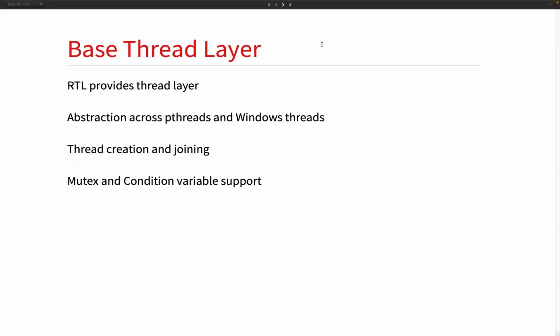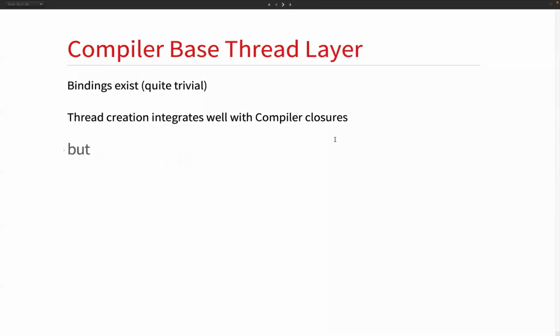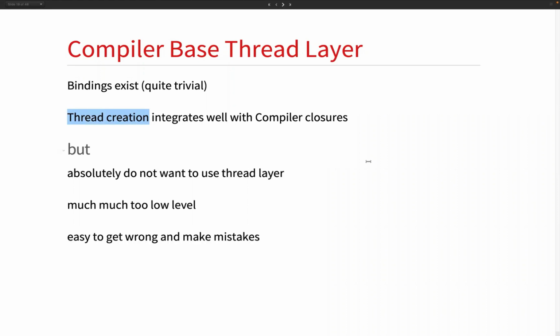It's much too low level, and if people try to make use of that, it's going to go wrong. The compiler provides bindings to these things, and the thread creation integrates quite well with the closures in the compiler. But like I said, it's much too low a level to be working at, it's easy to get wrong and make mistakes, and we don't want to use this for parallel computation. So I'm not going to talk about that.